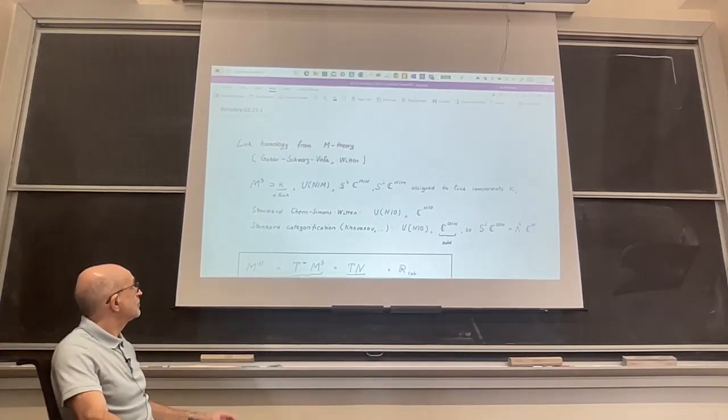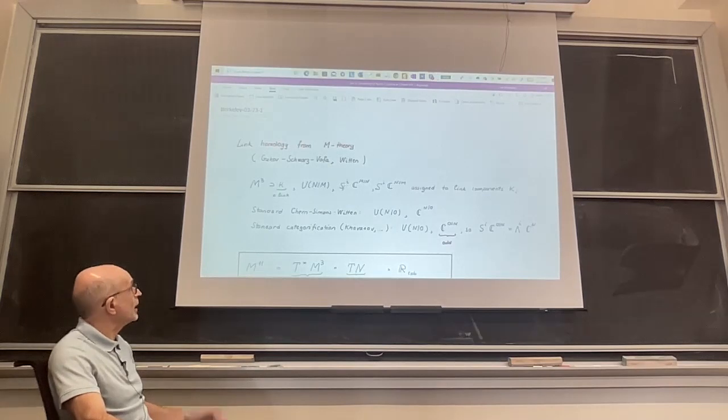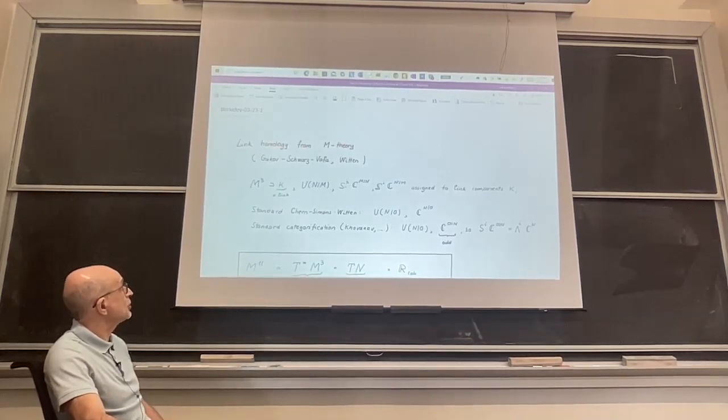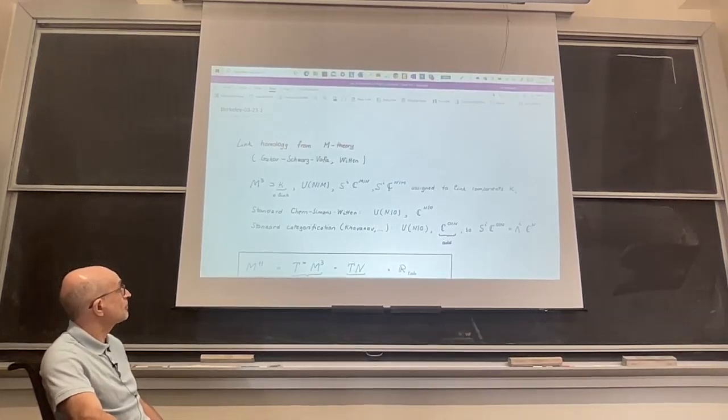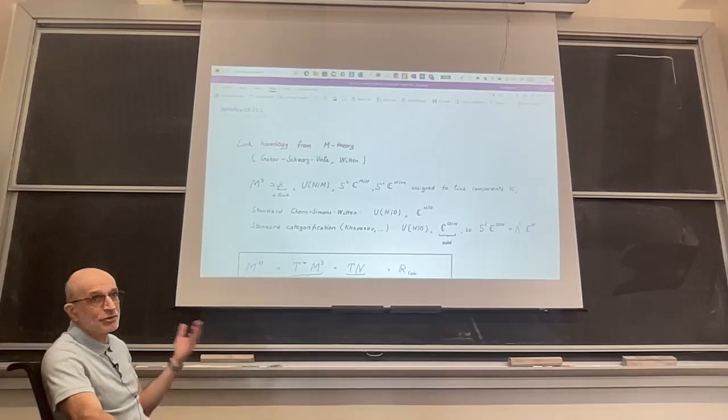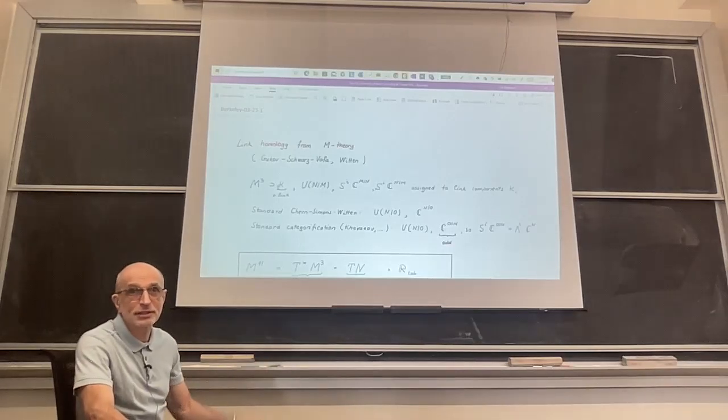Vafa and Gukov suggest that there is a way to produce them from M theory, not only these representations, but also their symmetric powers. So to each link component, you assign one of these symmetric powers. I call the link K because L is reserved for Lagrangian submanifolds.